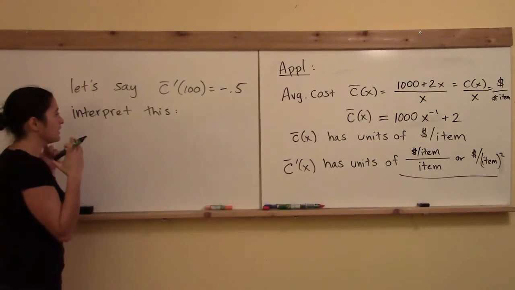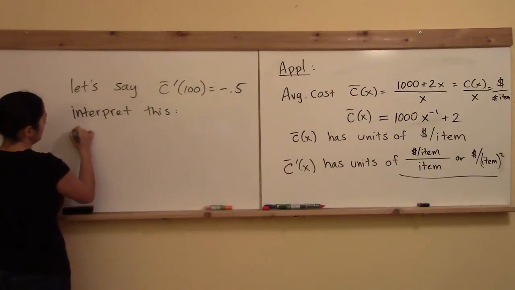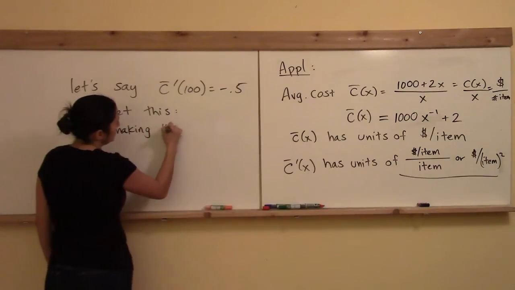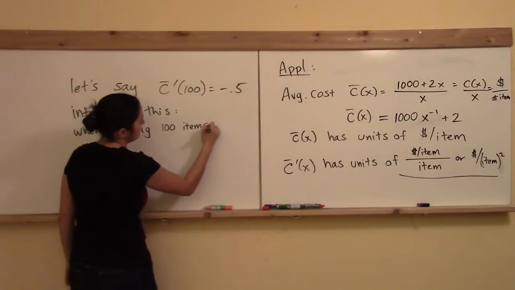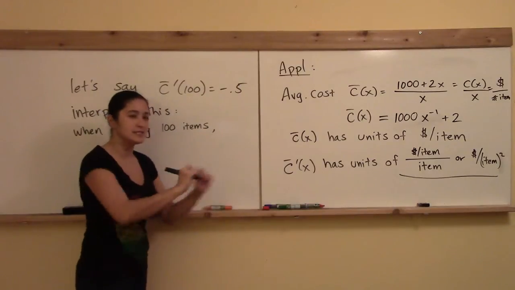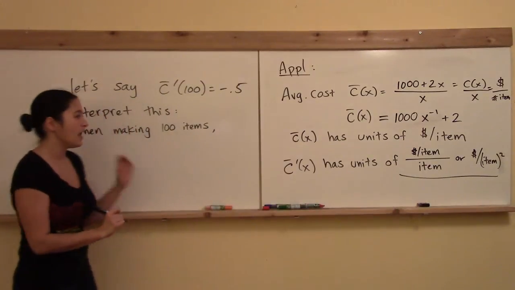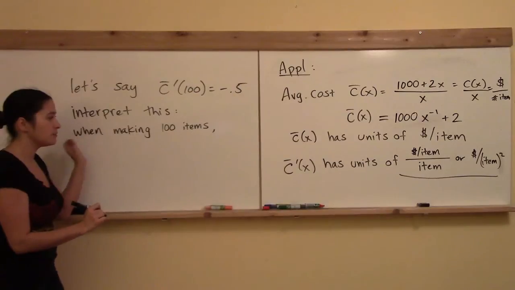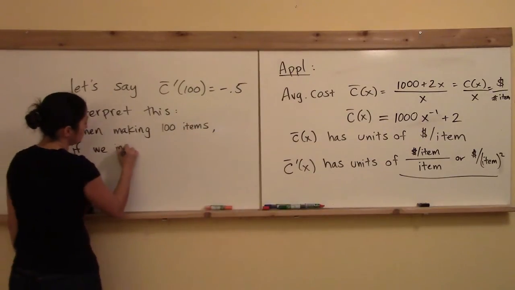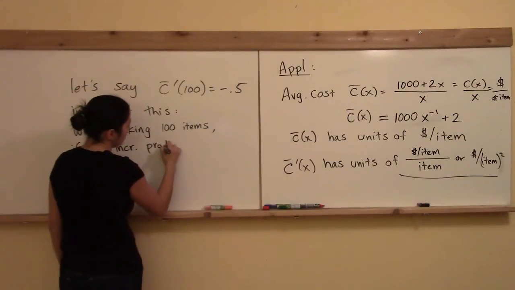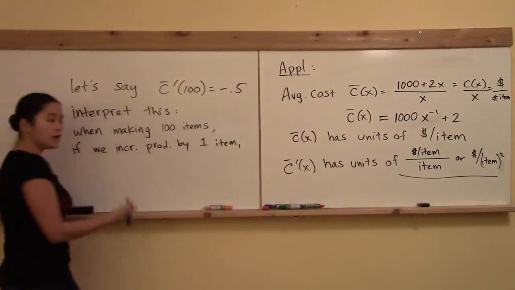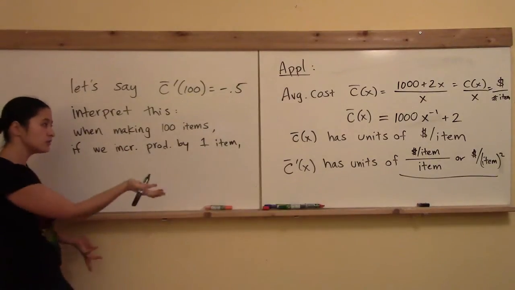Okay, so let's say the interpretation of this is, when making 100 items, remember, the interpretation is always going to start with the fact that the derivative is the instantaneous rate of change. So at the instant right now, where I'm at a production level of 100 items, if we increase production by 1 item, the y will go up by the derivative value.